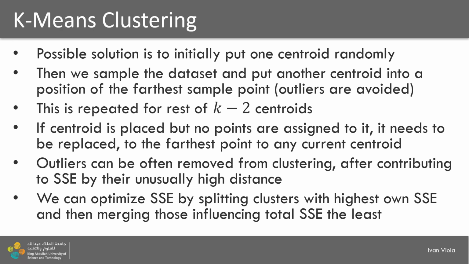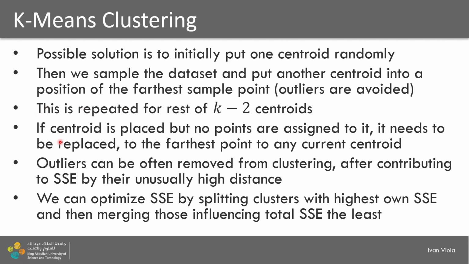Then, in the next step, we will repeat this and select another sample out of the samples, which is the farthest sample from these other two already placed centroids. And we will repeat this, always choosing the furthest point for the remaining centroids, until we place all the centroids with this strategy.